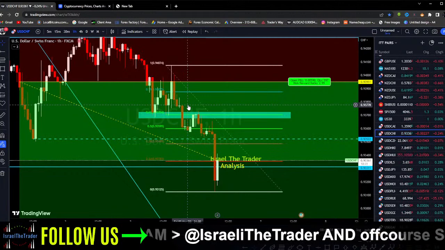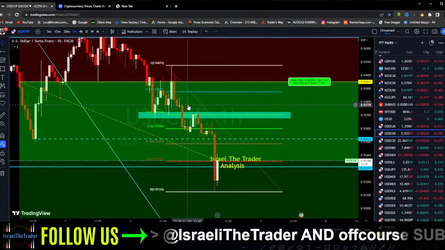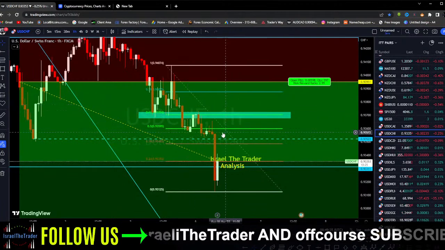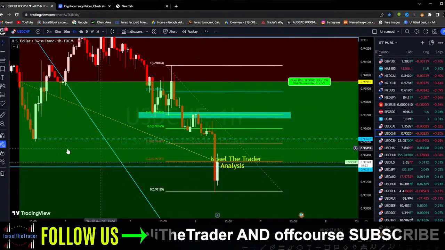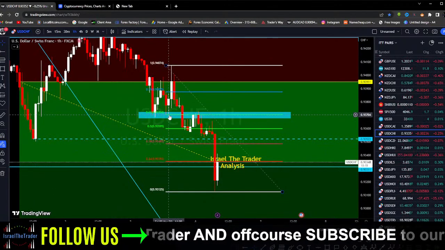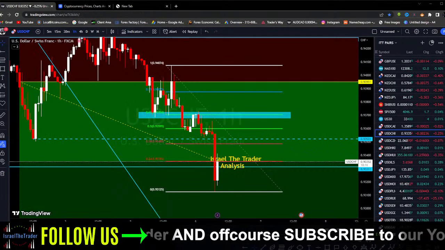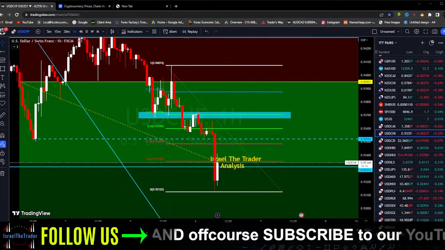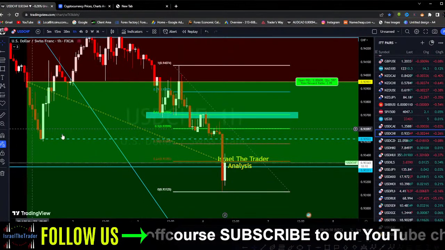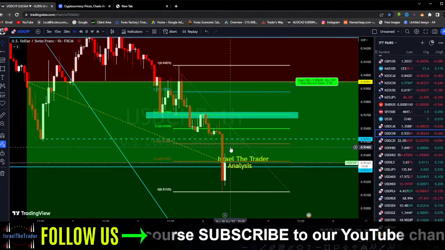The market might come up to this level here, and if it breaks out of this, it will definitely come up to our 61% level. So we need the market to come to that point, guys, before we can say it's going to continue to push down to the downside.